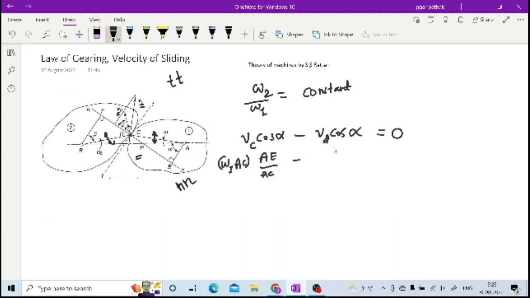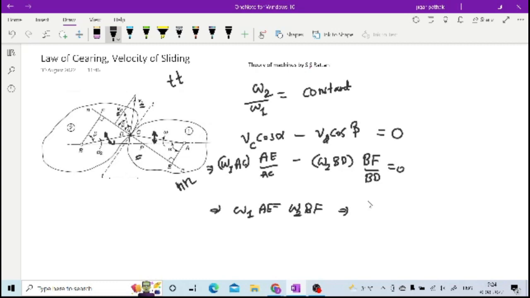Similarly, if you go for D, then it is omega 2 into BD. And similarly in the triangle BFD, cos beta is nothing but BF upon BD, right, and the difference is equal to 0. So once you have this, you can have omega 1 AE is equal to omega 2 BF, right?